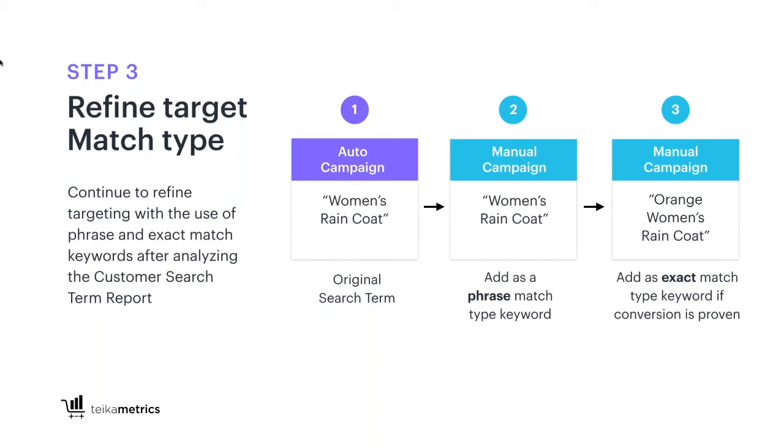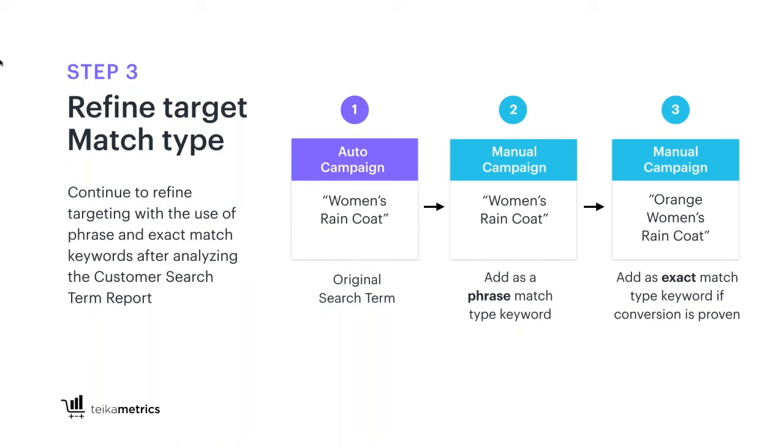The customer has searched women's raincoat. We're going to add it to the manual campaign because it aligns with the goal that we set up. From there, it's going to spend a lot of days in this campaign gathering data, getting impressions and clicks. We're going to find now that women's raincoat is actually getting a lot more hits, a lot more sales.